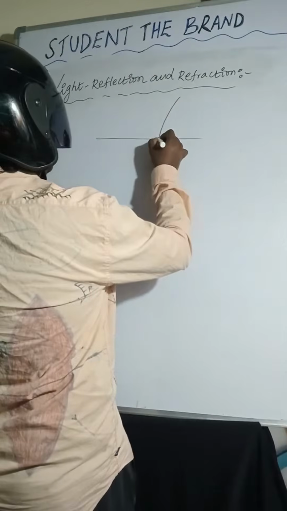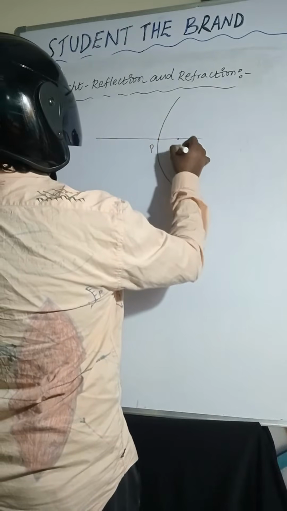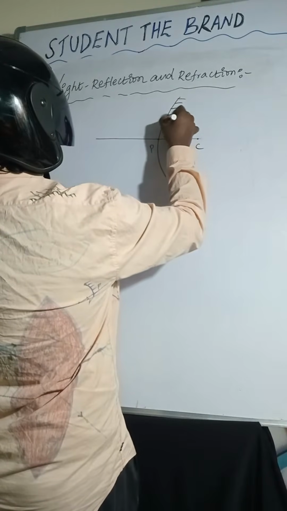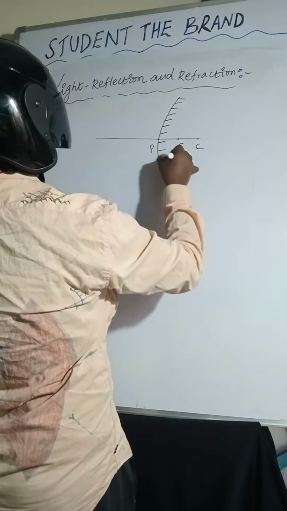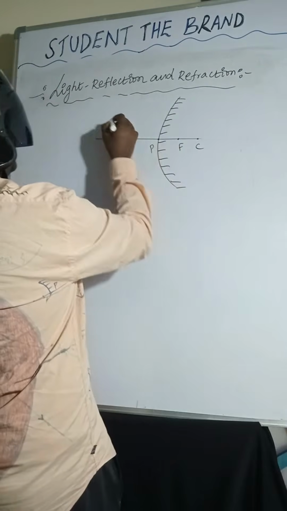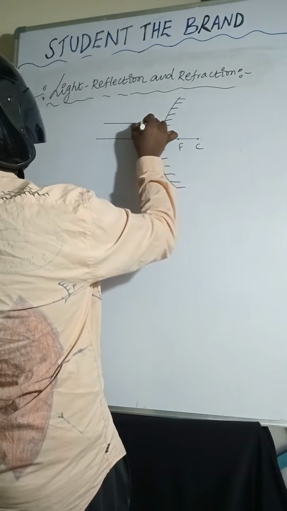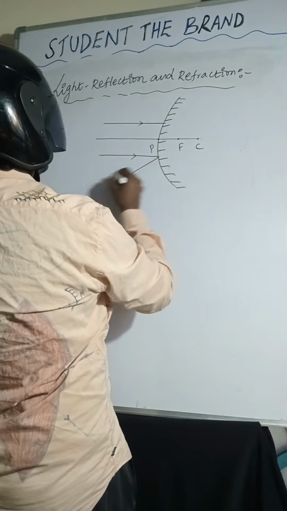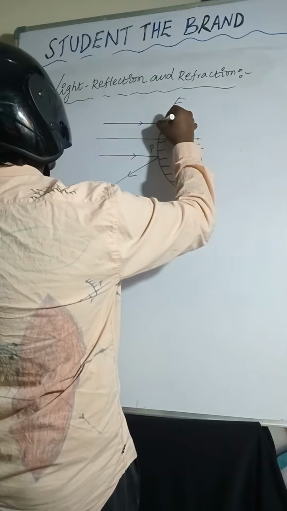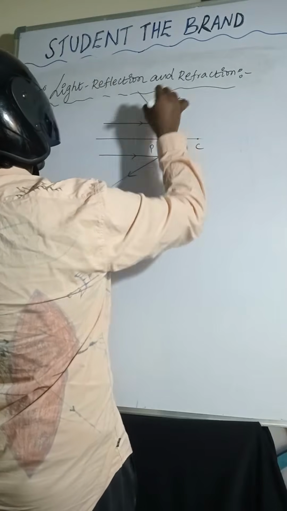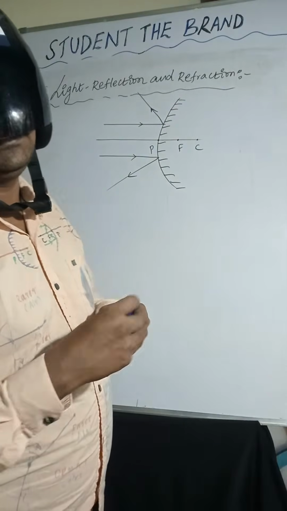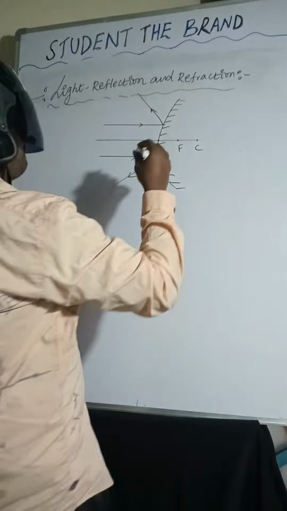So I'm taking here pole, focus, center of curvature. Light rays are coming from here, after reflection. Okay, so if you extend the reflected light rays, they meet at one point.